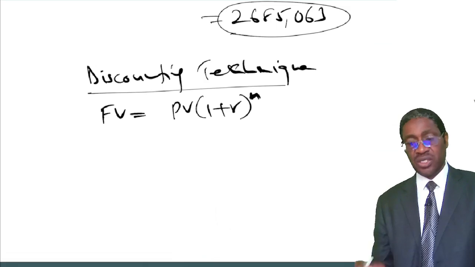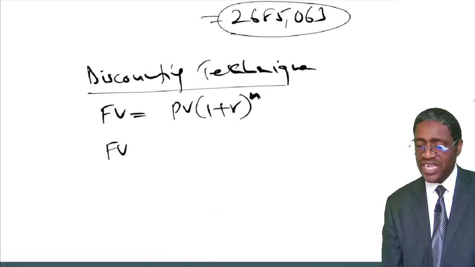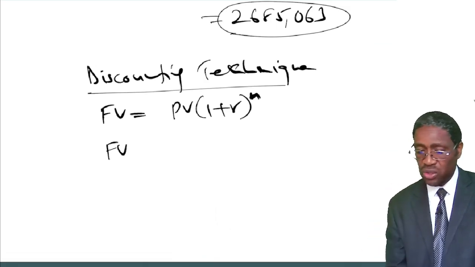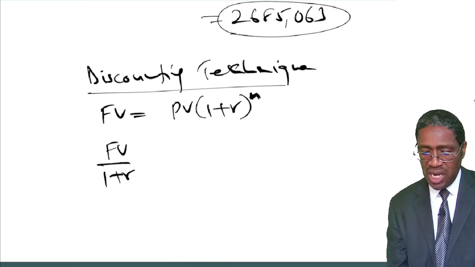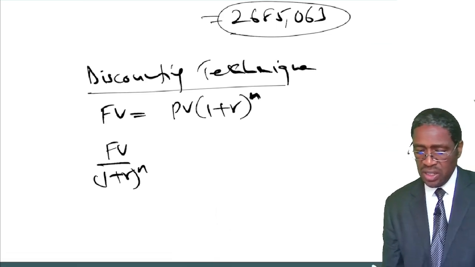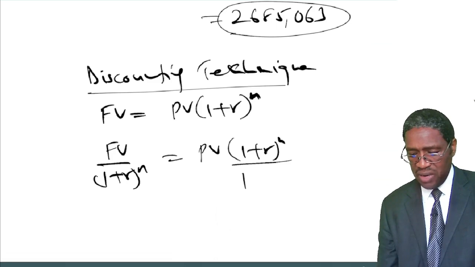Let's try. This will mean FV, if I divide both sides of this equation by 1 plus r to the power of n. The other side will be PV into 1 plus r to the power of n, and I divide that again by 1 plus r to the power of n.